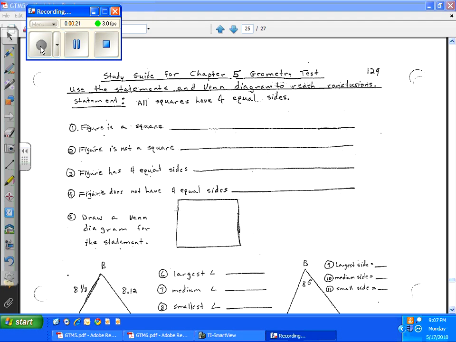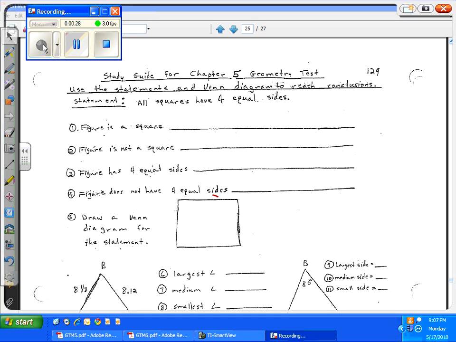So what we're going to do is draw a big circle with a little circle in it.